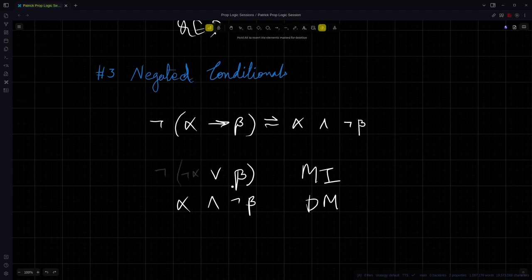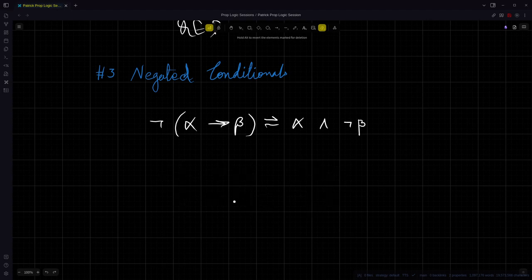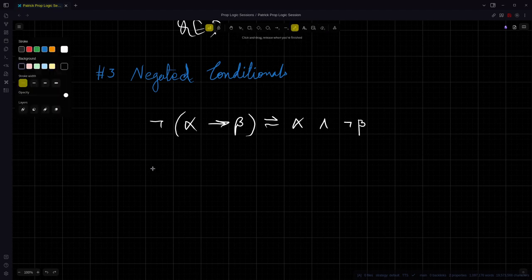Normally material implication is alpha implies beta, and here we have something on the outside. Could I multiply out and do not alpha implies not beta, and then do the material implication on that?